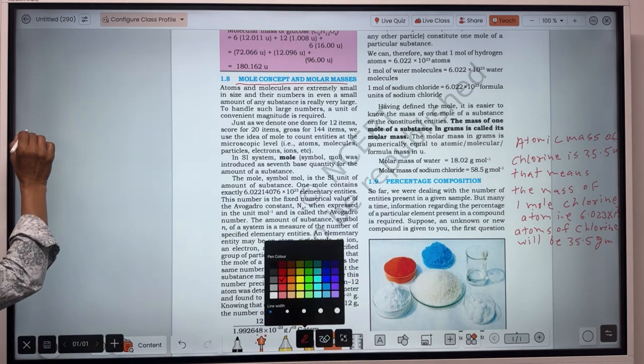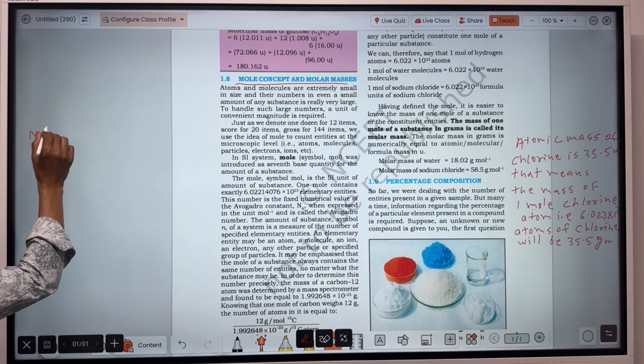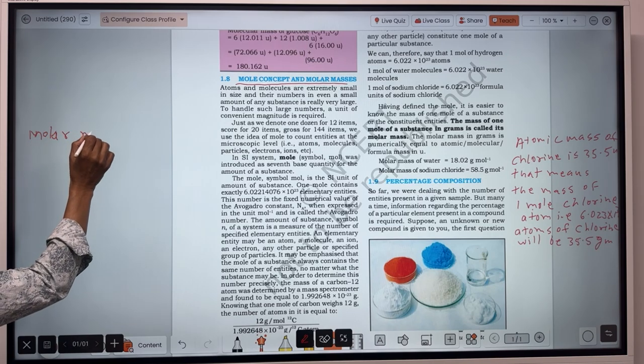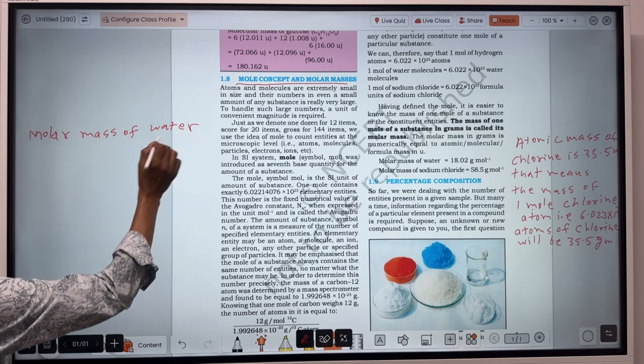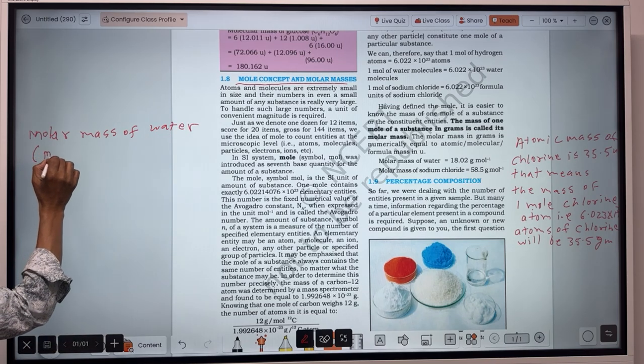Let's see, molar mass of water. Molar mass means molecular mass.